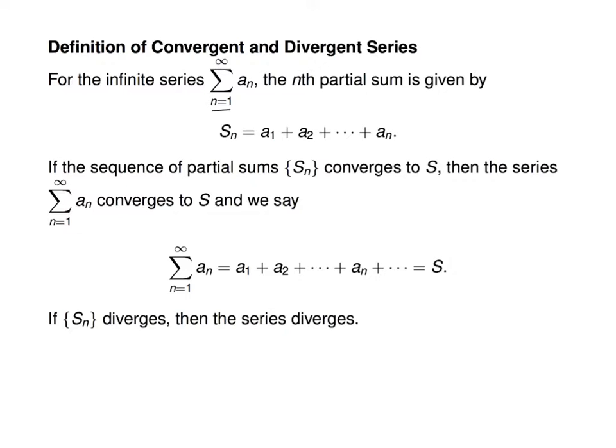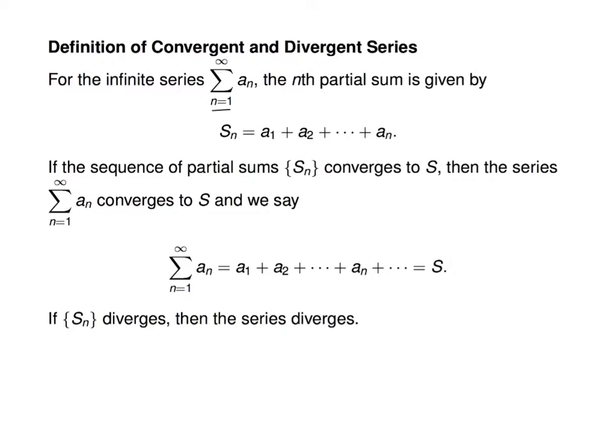Well, I'd add the first thing, and then the first 2 things, then the first 3 things, then the first 4 things, and eventually if you add up lots and lots of things, if putting the next thing on doesn't make it change much, then you think your series is going to that place.